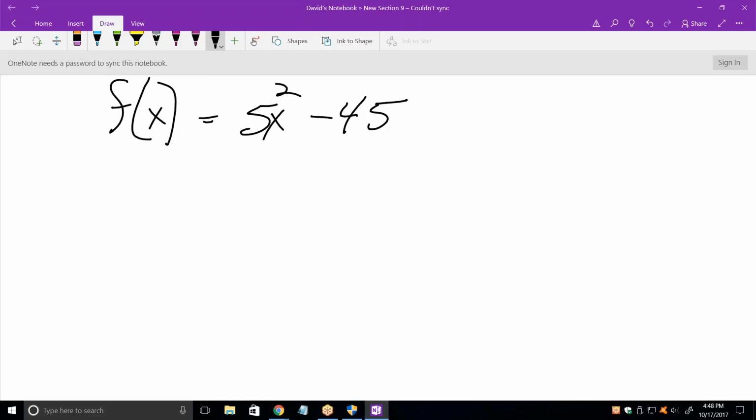Okay. So let's factor the right side as much as we possibly can. Always, when you're trying to factor an expression, start with greatest common factor. Second, look for difference of perfect squares. Third, factor it as you would a quadratic.